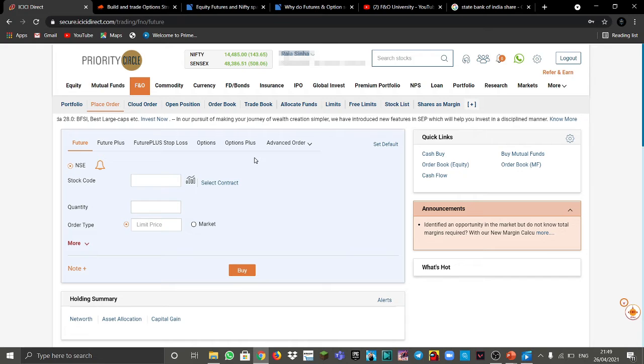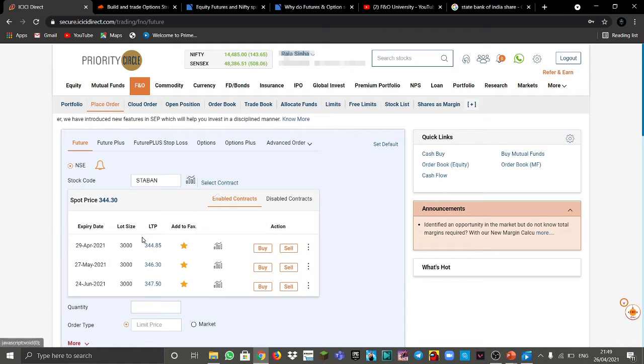I will go to my ICICI Direct website and look at the future contract of SBI. If you see here, by the expiration date, there are three contracts open.